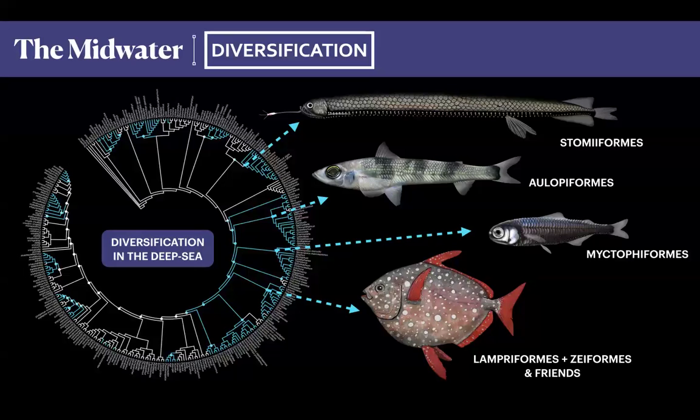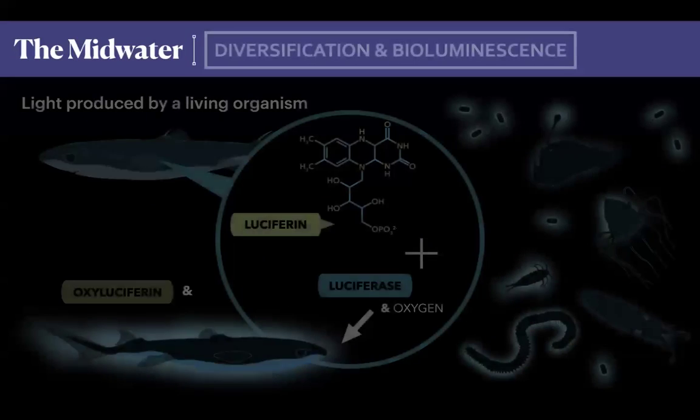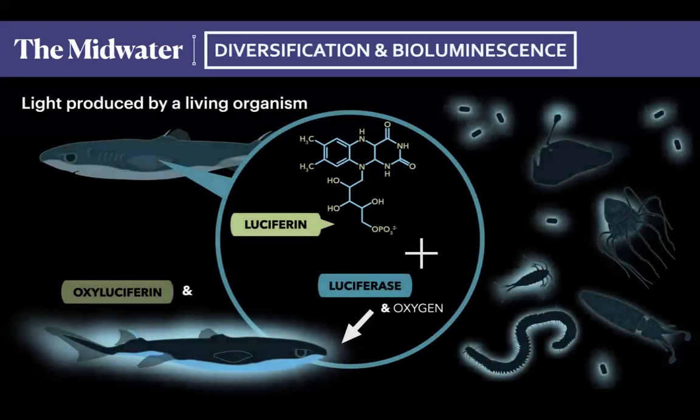And so how do we get such diversity down there? How is it that we have all of these deep sea fish that live in an arguably very difficult to live in, dark, low biomass food item area? There's one major hypothesis, one major reason, and that is bioluminescence. Bioluminescence, as we think of it on land with fireflies that can glow, is a very similar system, at least in the chemical compounds.